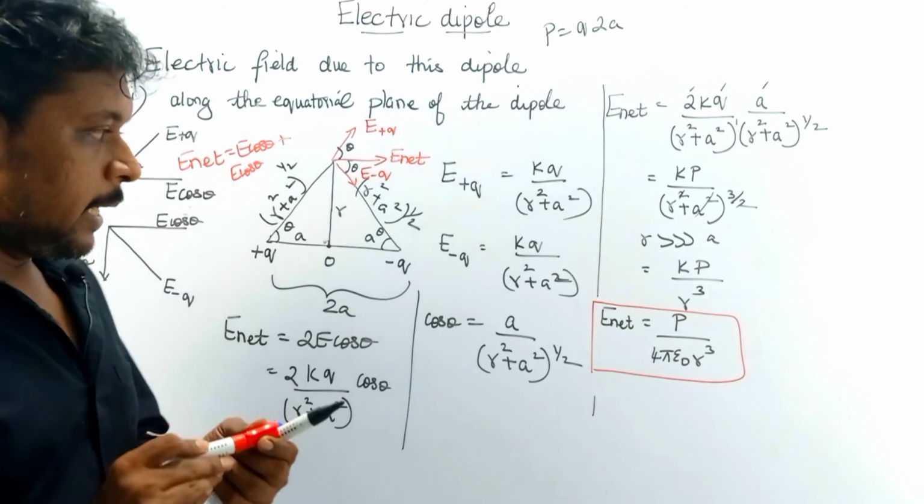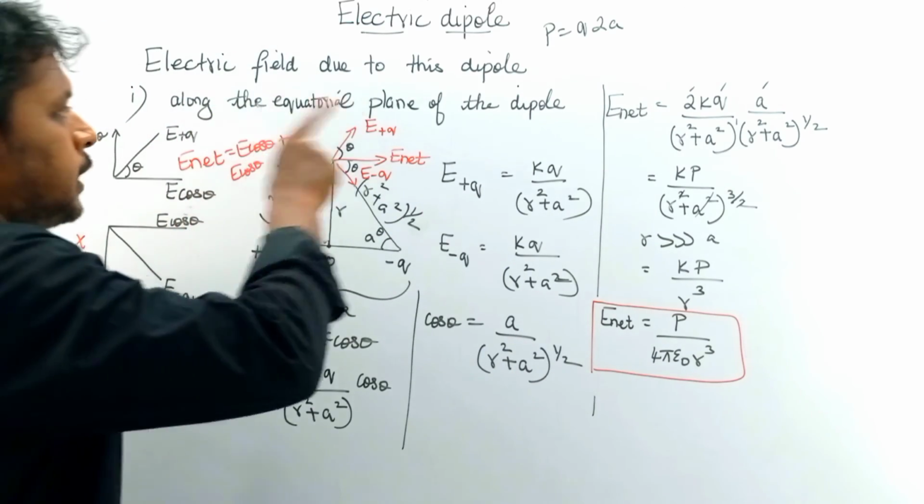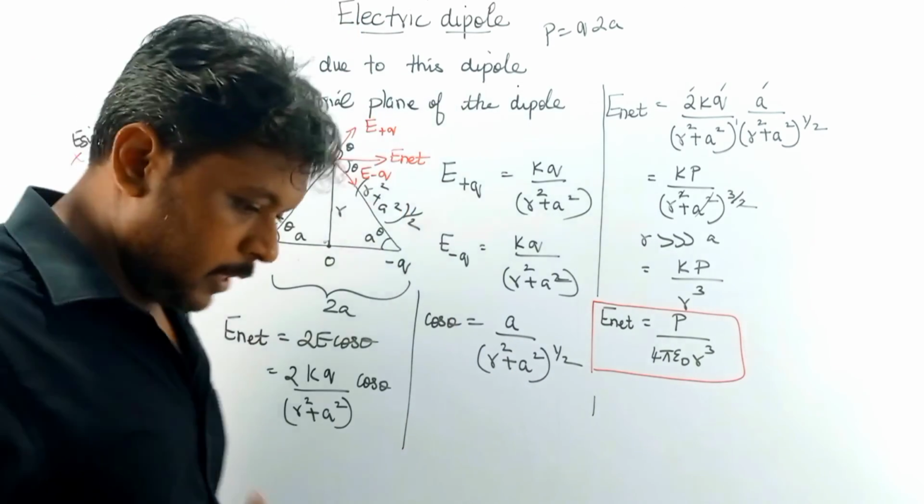This is the net electric field expression for the dipole along the equatorial plane, that is, perpendicular.